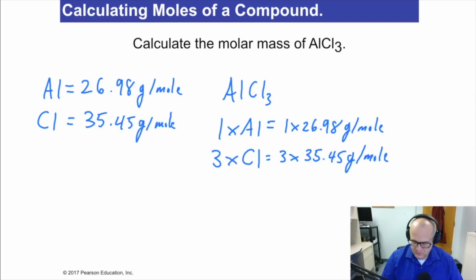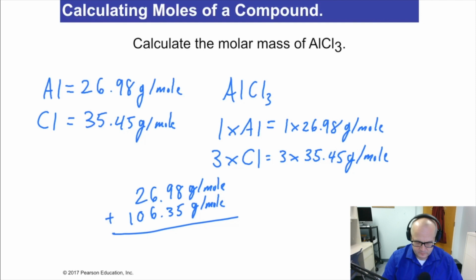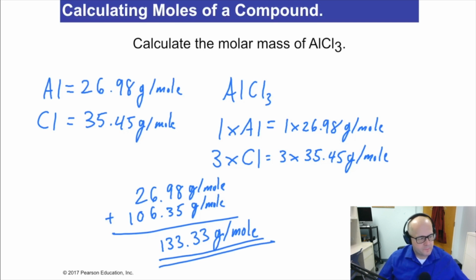So it's 26.98 plus 106.35, and these are both grams per mole. And then add all that up. 133.33 grams per mole is the molar mass of aluminum chloride. Okay, remember, the mass of a molecule is the sum of all the masses of the elements in the molecule.